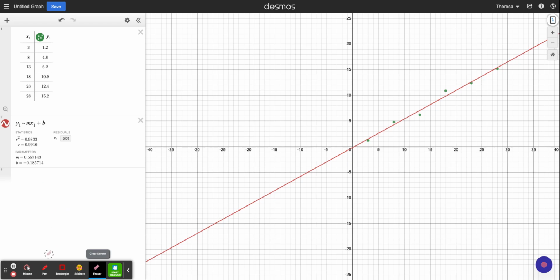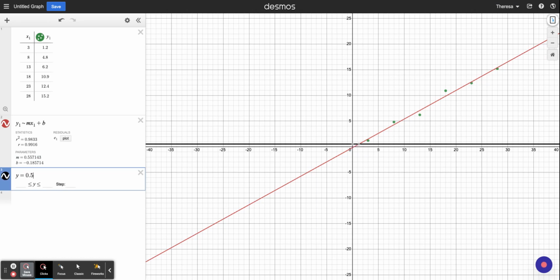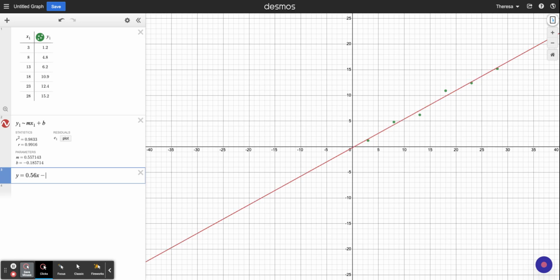And I use the numbers that you see right here on your screen for M and B. So if I were to write my equation, it would be y equals 0.56, because I'm going to round, x minus, because notice the b is a negative, 0.19. And I'm rounding.